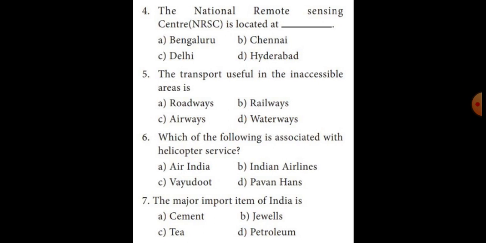The fourth one: the National Remote Sensing Center is located at dash. The answer is Hyderabad, D option. Question number 5. The transport useful in inaccessible areas is airways. The answer is C option.